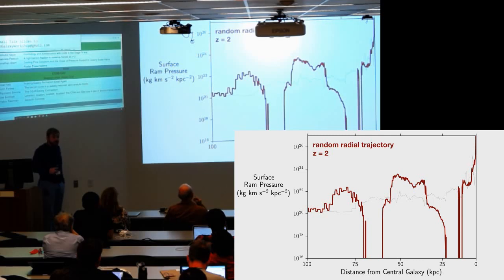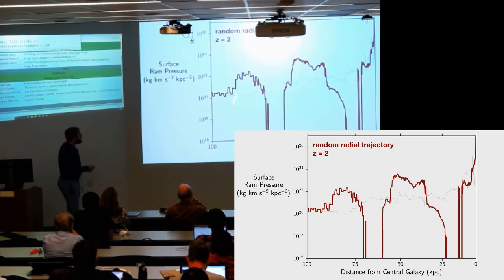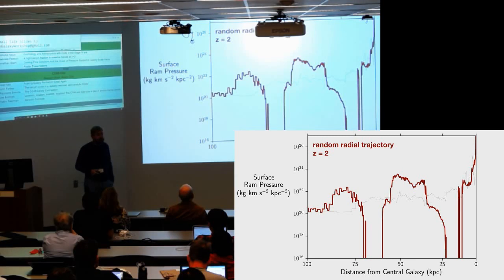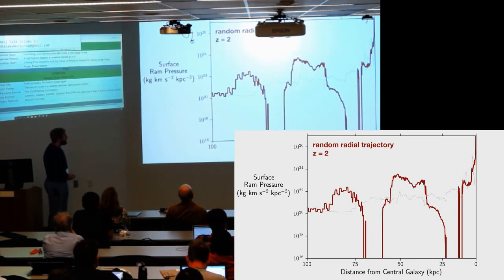So here's another trajectory through that same halo. The story here is a little different. So you get this constant ram pressure here, and it spikes up a little bit, and then it just plummets to nearly 0. Presumably, this entered a cavity of low density, low velocity gas. It hangs out there for a little bit. It pops back up, plummets again, and then finally pops back up here, right?